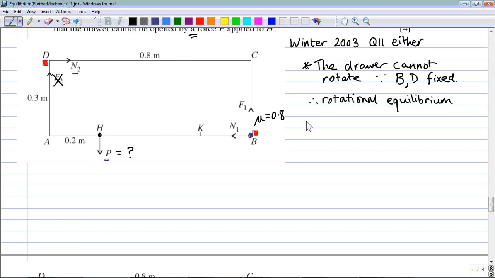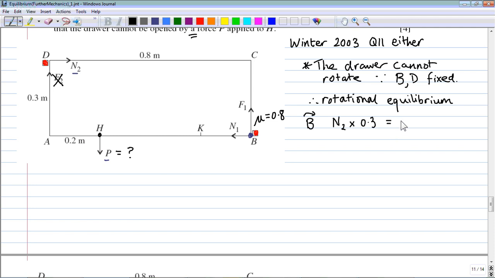So using the traditional notation, we write B with a curved arrow, meaning we're taking moments about B, and we can write the clockwise moment would be the force N2 times the perpendicular distance of the line of action of N2 from the pivot at B, which is 0.3 meters. And what would be the other side of the equation?